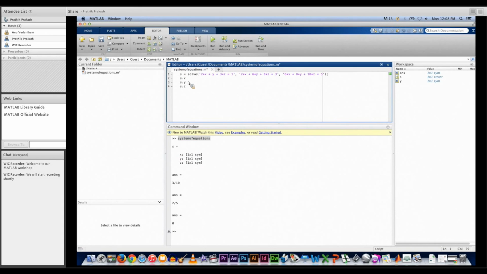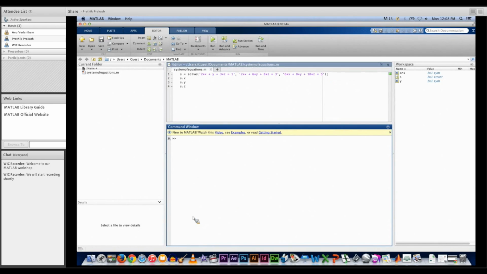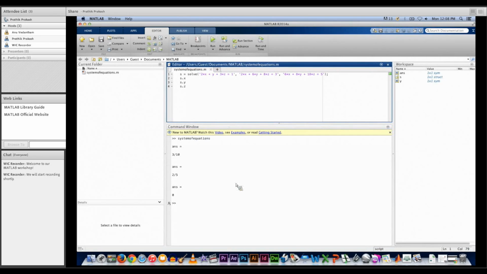Then I've typed s dot x, s dot y, and s dot z. So these are the answers of the system of equations that is printed out over here. Now I put a semicolon. Before that, I'll clear the command window so that it doesn't get messy. So right now we can see that x, y, z are 3 by 10, 2 by 5, and 0.